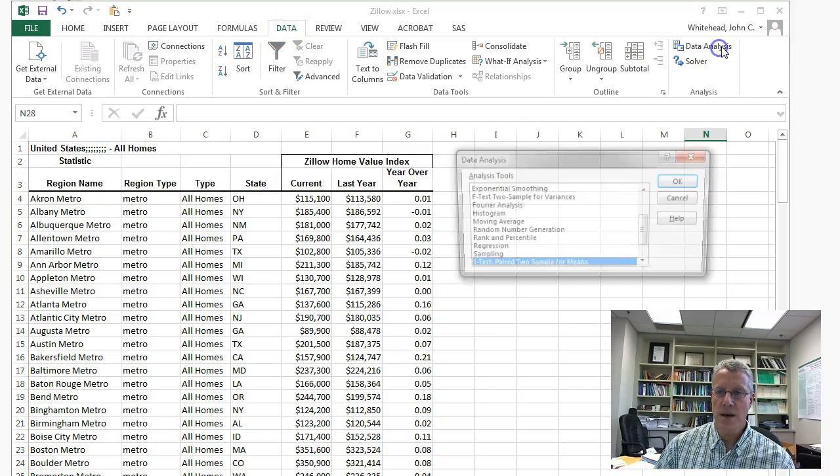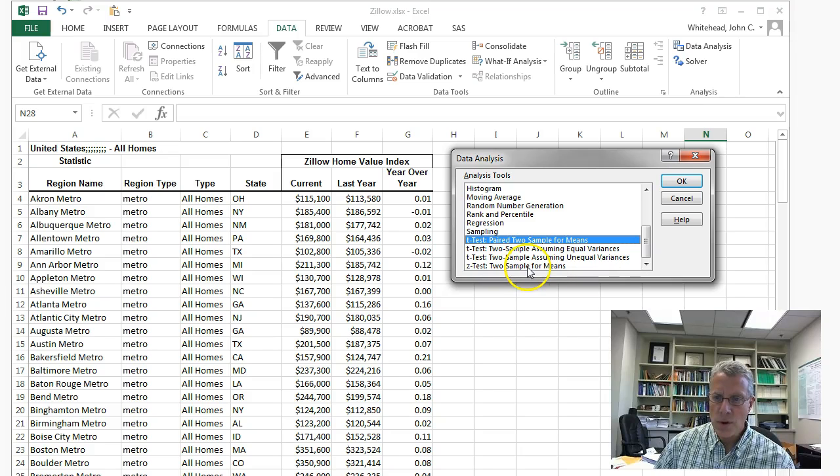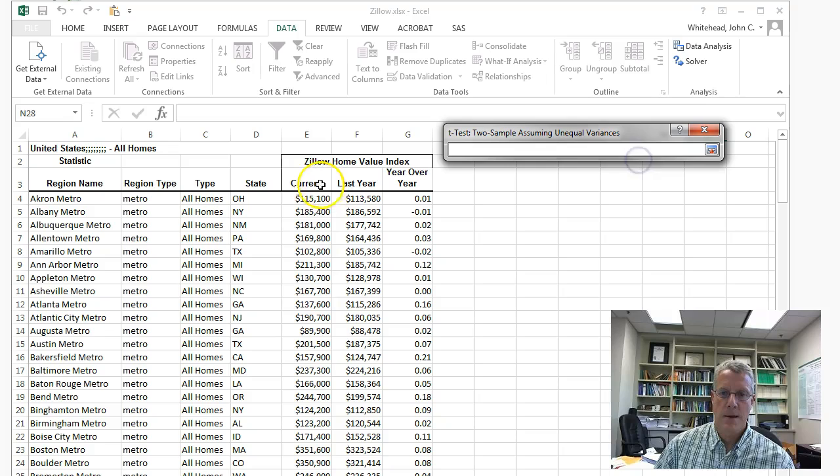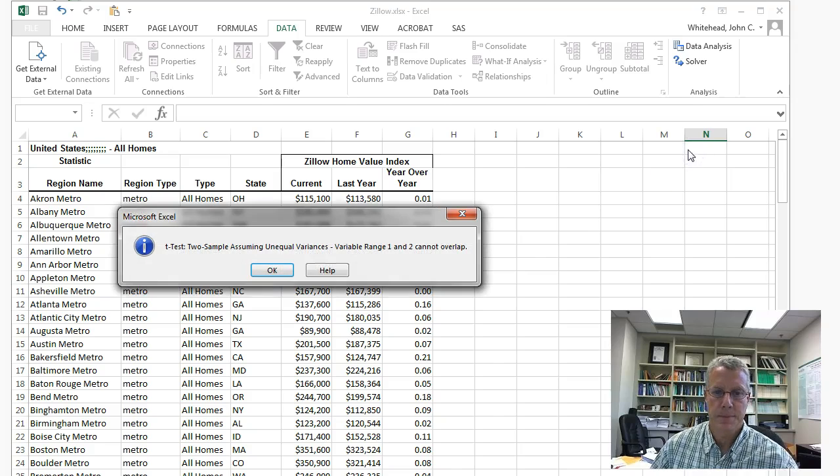So if you do data analysis, and for the last question in that group, if you do a two-sample t-test with unequal variances with the same variables included, with labels.